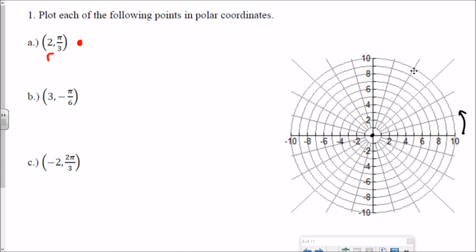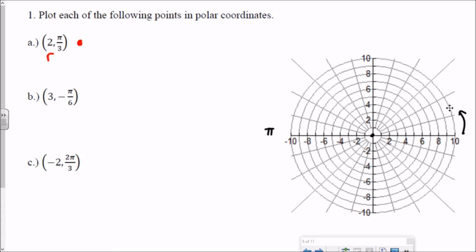Notice we have more lines here. If you count them up, we have 1, 2, 3, 4, 5, 6, 7, 8, 9, 10, 11. So all together, pi, half of my circle, is cut up into 12 pieces. Each of these is pi over 12.